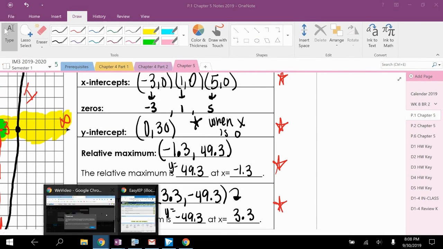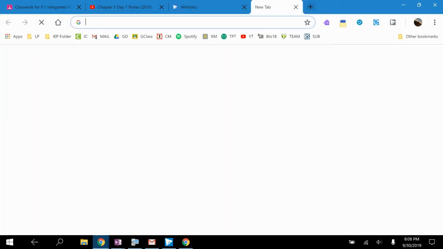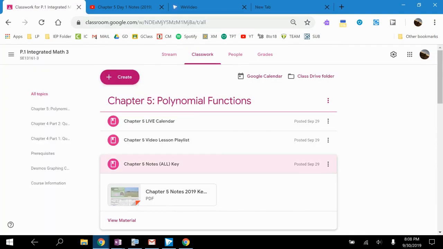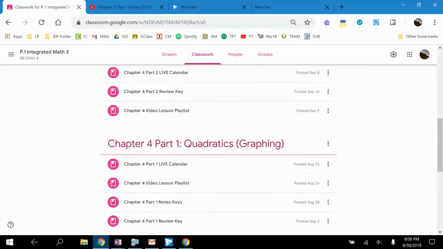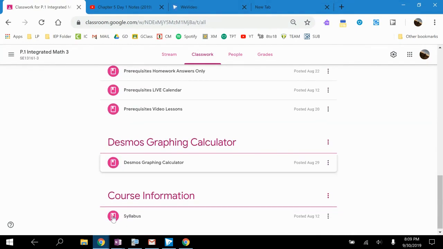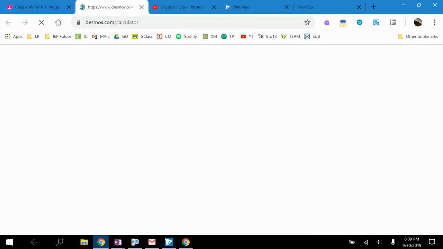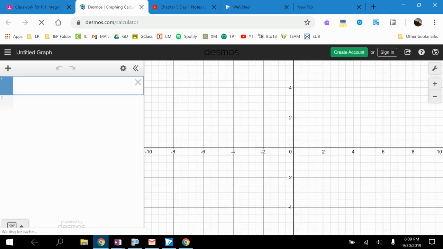If you're at home and you don't know how to get these graphs without a graphing calculator, on Google Classroom, if you look, I put Desmos on here. You have a Desmos graphing calculator. If you go in and click that, all you have to do is type in that function into Desmos, and all you got to do is click the point you want.